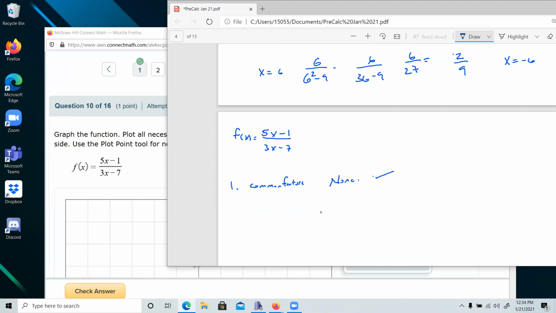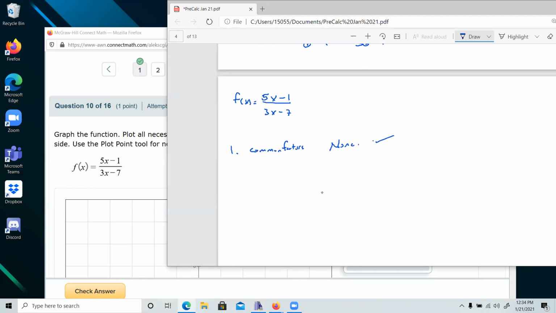But we checked. And again, we'll definitely go over one on Monday that has one. What's my vertical asymptote? 3x minus 7, set that equal to 0. Take the bottom equal to 0, and then go ahead and solve this. That looks like a delightful vertical asymptote.